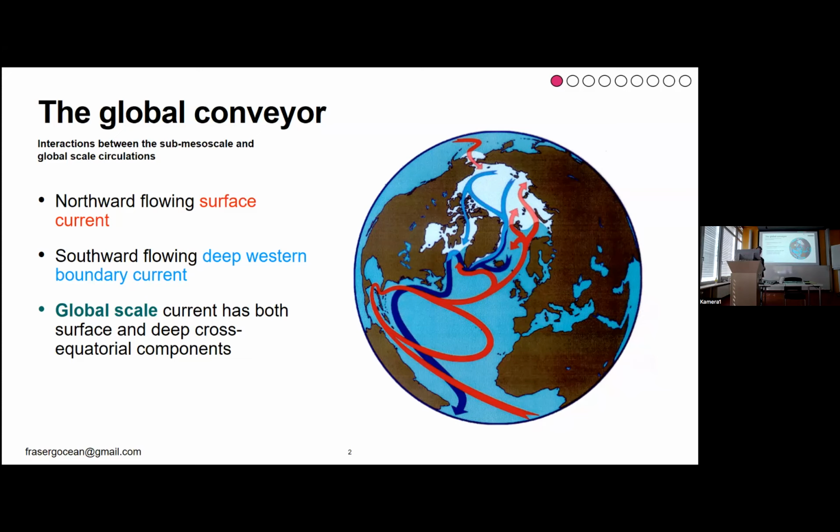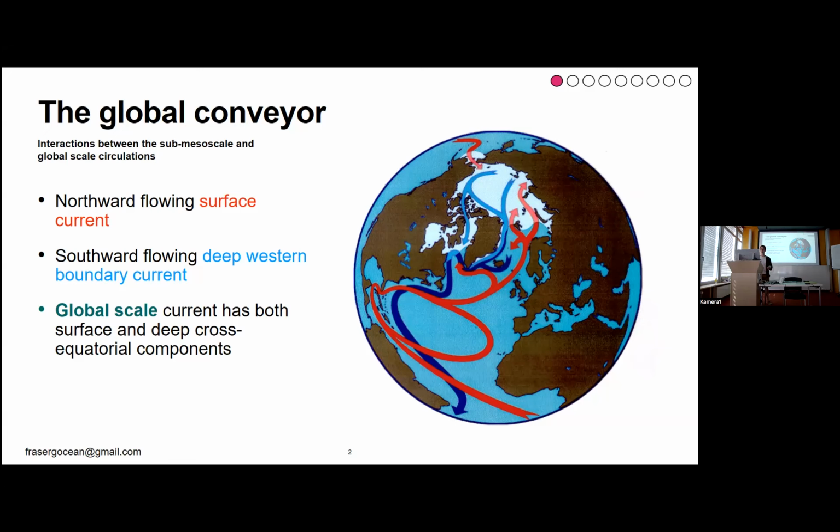It has a northward flowing surface limb, which brings warm water and other climatically important tracers. So it brings heat and carbon across the equator into the northern hemisphere.